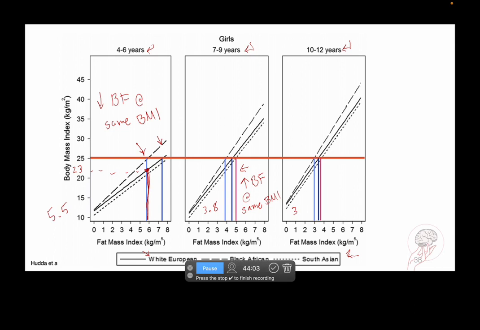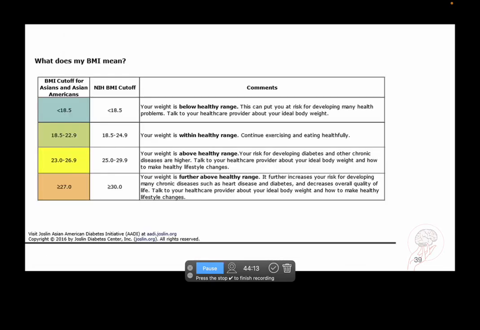So the fat mass at this body mass index decreases with age, and it also changes based on ethnicity. Based on this work, certain professors and researchers have suggested a different cutoff for Asian Americans because they appear to be at a higher risk at lower BMIs.